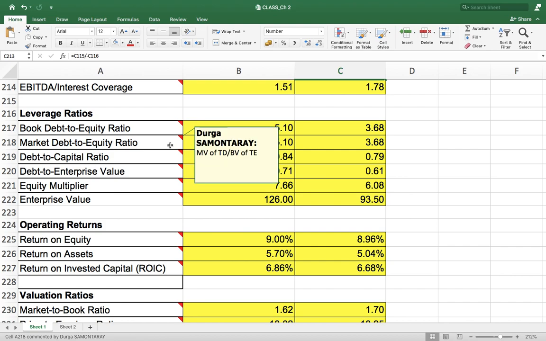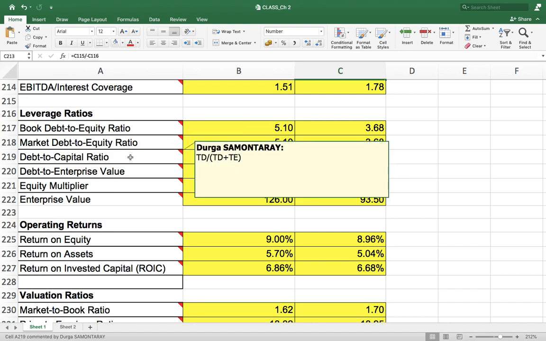Market debt to equity ratio: normally debt is at book value, and market value remains the same unless otherwise it is traded, we can take book value of debt as market value of debt. So market value of total debt divided by book value of total equity. Then we have the book value to capital ratio, which is total debt divided by total debt plus total equity.